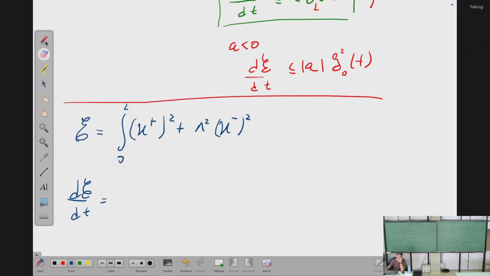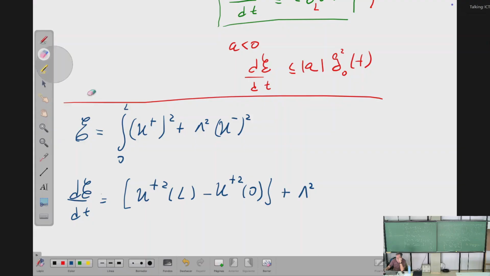Let's do this. For this one, I have a plus 1, right? So I will get u plus squared at L, sorry, minus u plus squared at 0, and for this other I get gamma squared, and I get a minus sign.